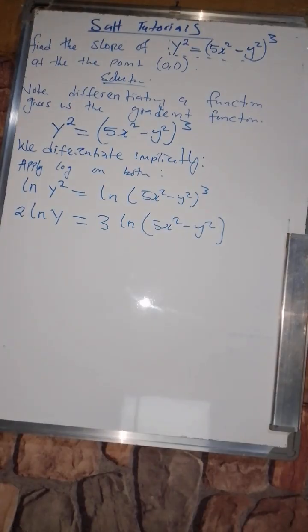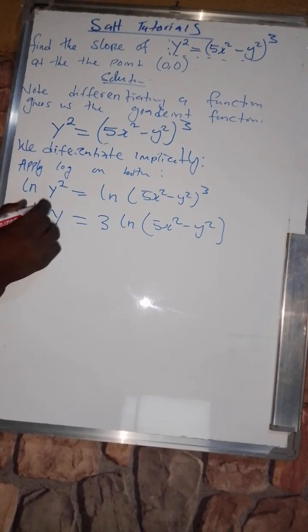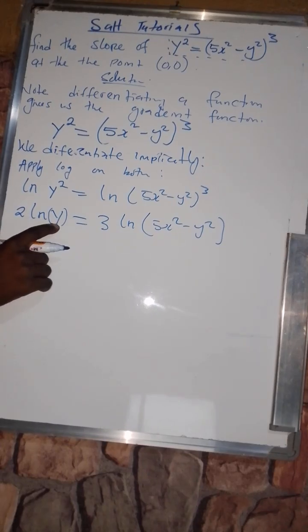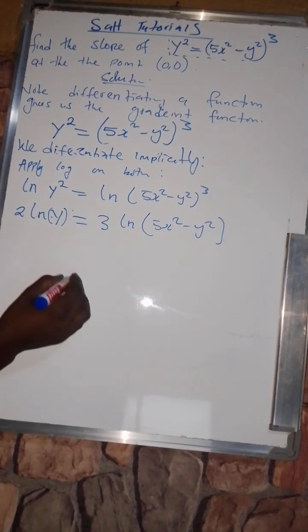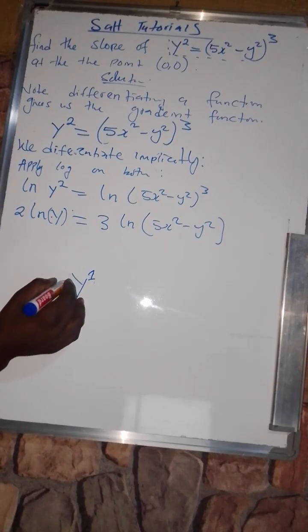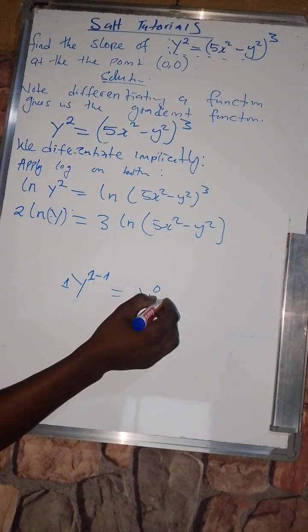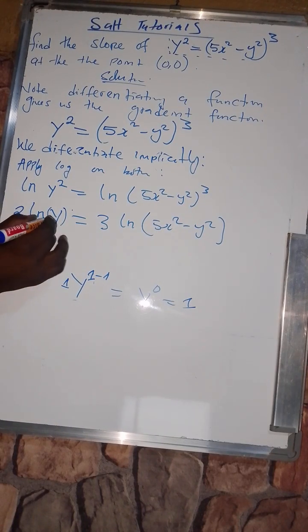Now, let's differentiate implicitly. Differentiating the natural log of y, what do we do? Differentiate the inside over the inside itself. So basically, differentiating y, if I treat y as a variable, the 1 drops down and the power decreases by 1, so I have y to the power 0, which gives me a 1. Remember how we differentiate a natural log: we differentiate the inside part, and that becomes the numerator.